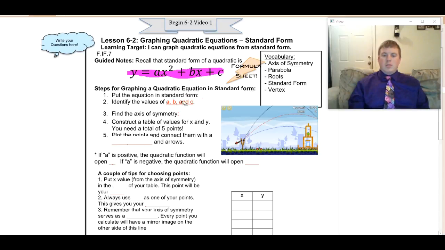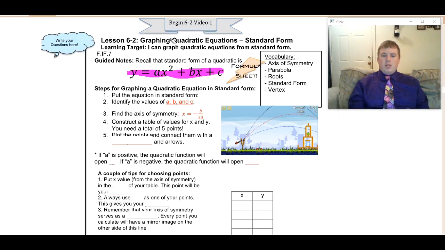The next thing we're going to do is find the axis of symmetry. Now this is where things are a little bit new. We're going to take negative b over 2a. So we're going to plug in values kind of like we did with the quadratic formula, but we're using a lot shorter version that's going to help us find the axis of symmetry.